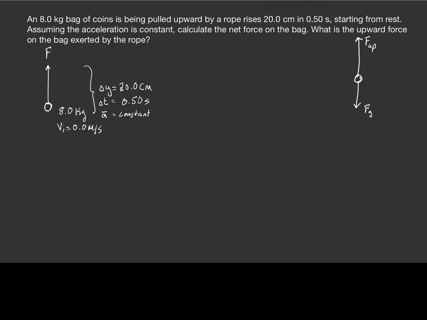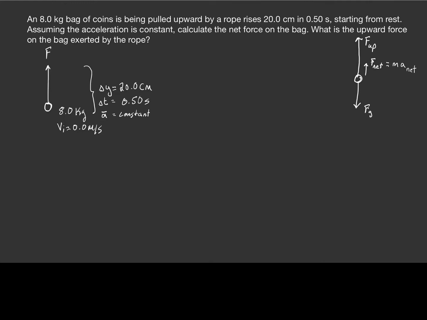Now notice I drew the downward arrow for gravity shorter than the upward arrow, and that's because if this thing is moving upwards, there must be a net force upwards. And since net force is mass times acceleration, that has to be a net acceleration upwards, because there's acceleration downward, and for our upward force, an acceleration, and the sum of those forces would be what the net acceleration is.